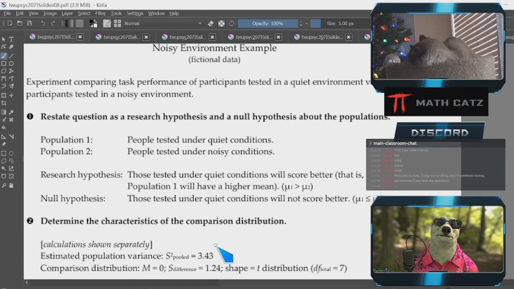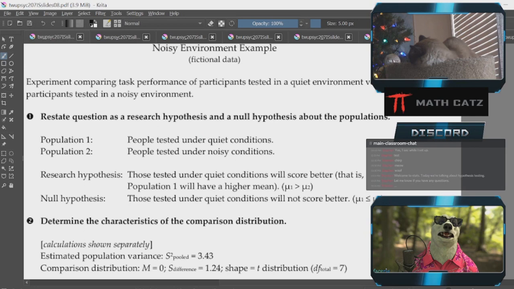Then our comparison distribution will again look at the distribution of the difference between these two samples, or rather the distribution between these two populations.